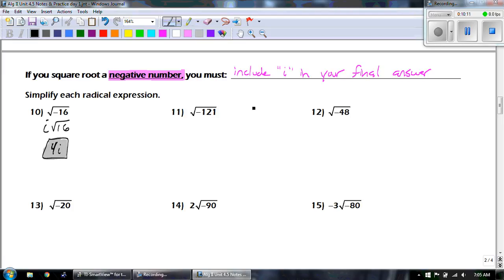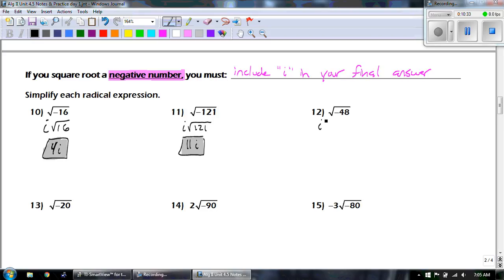Okay? So we would take out that negative, so it'd be i square root 121, and the square root of 121 is 11, so we would have 11i. And then we're going to have to break some up, right?